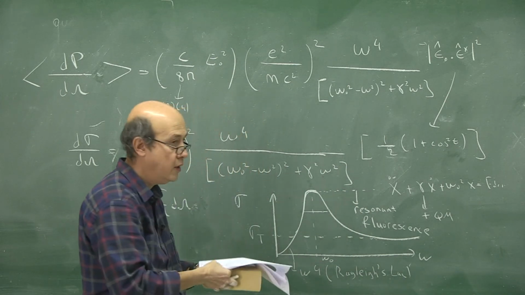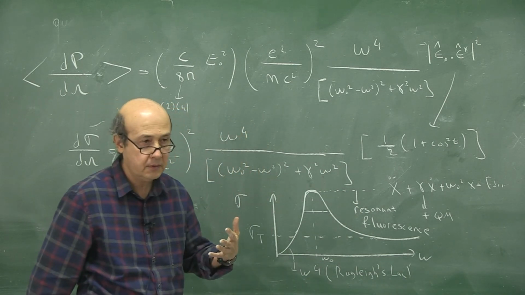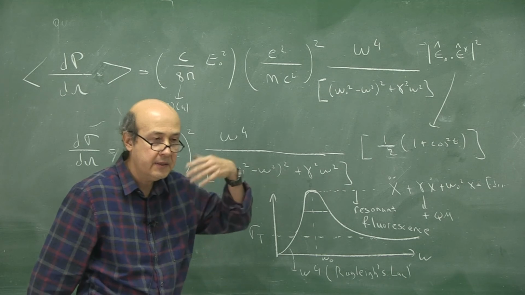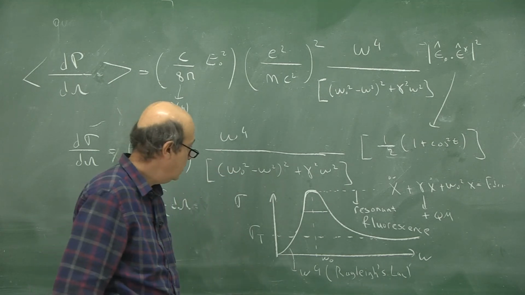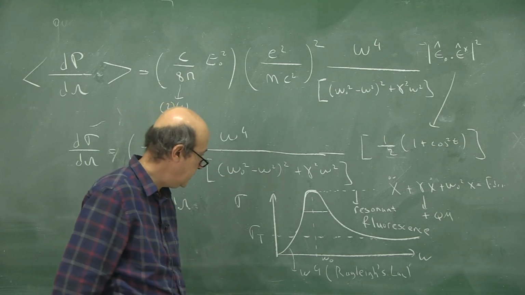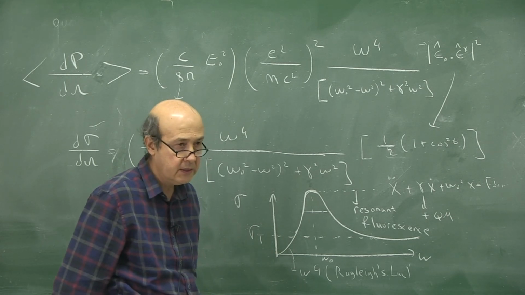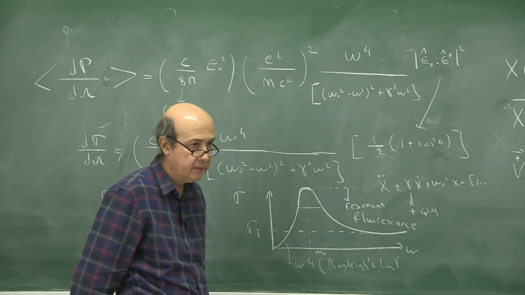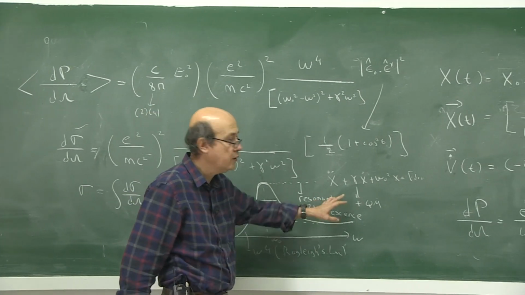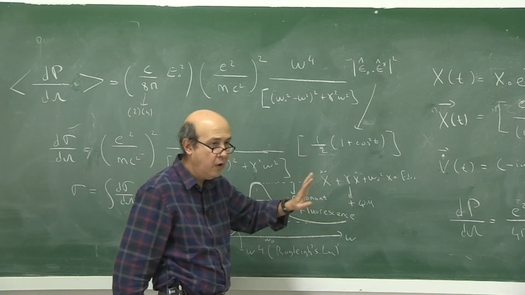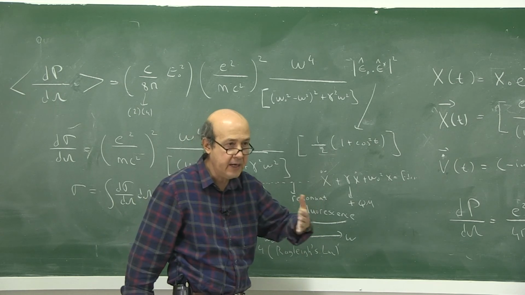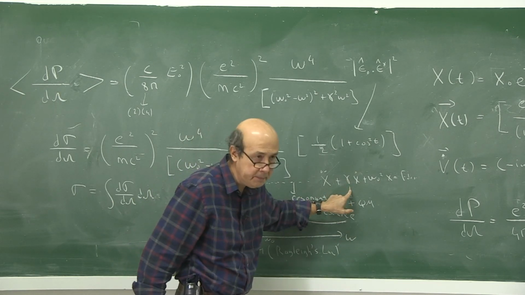That takes into account the absorption of the photon and re-emission. If you're interested, this is from your book, chapter 16, I think section 8. We did not include the quantum mechanical effects. We have only the radiative reaction force, which makes the damping here.